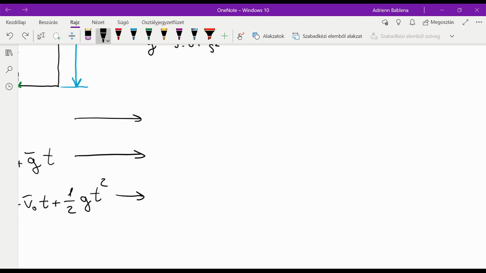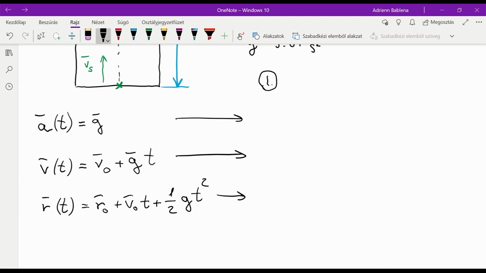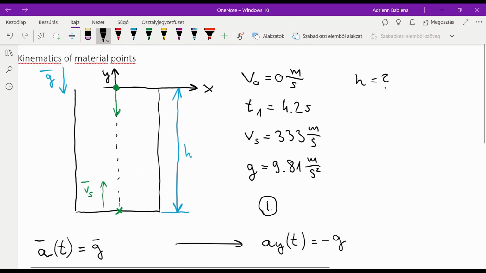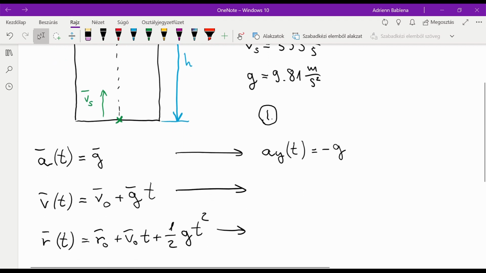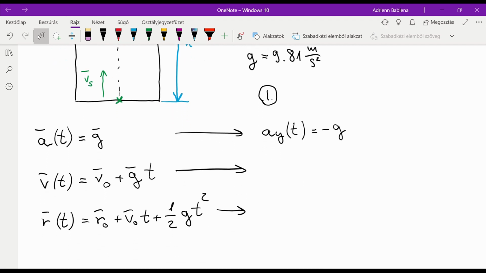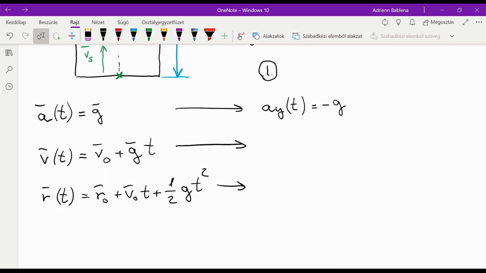So first part, when the stone moves. So our ay is minus g. You can see that y direction is to the top, g has the opposite sign, so ay is minus g. So now it's a scalar equation.